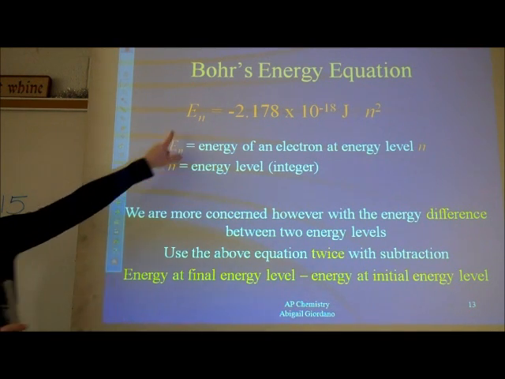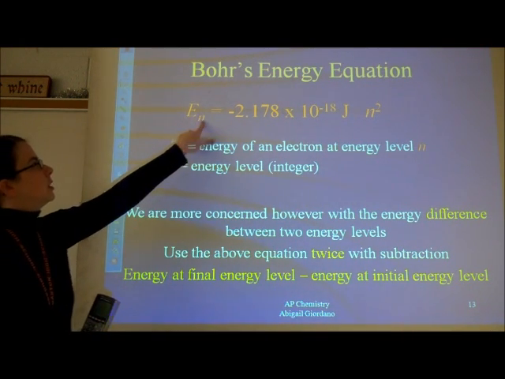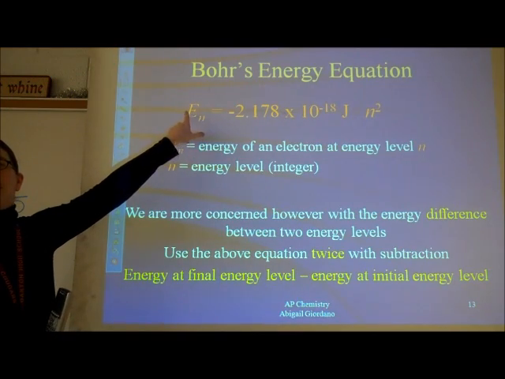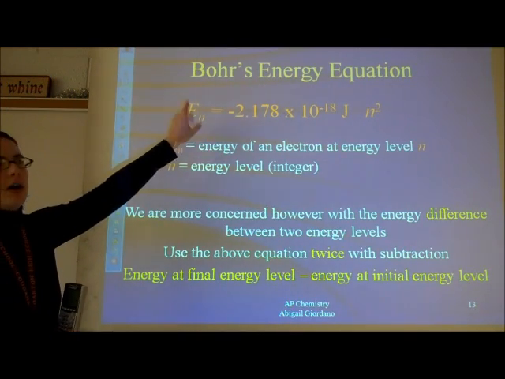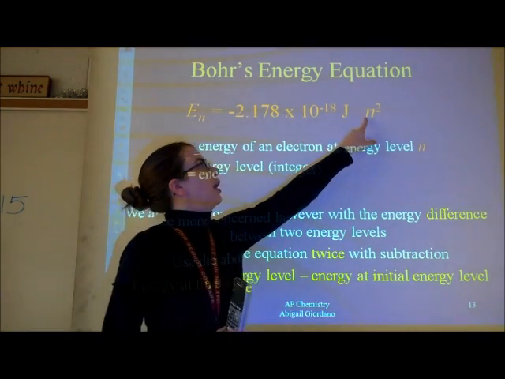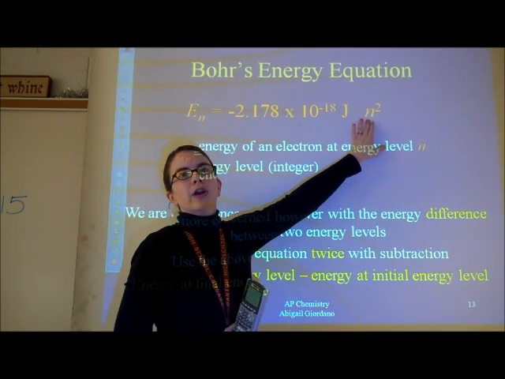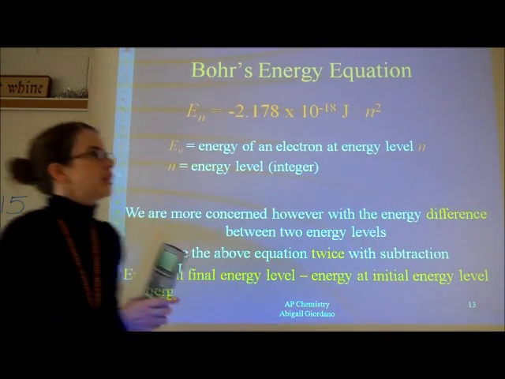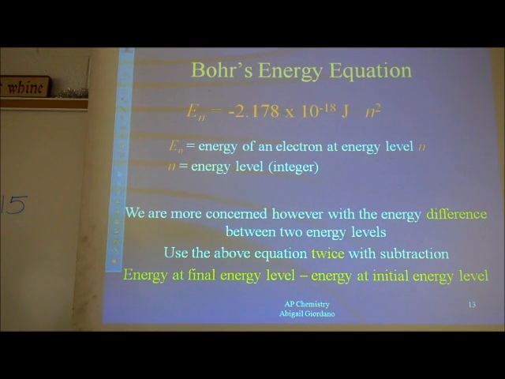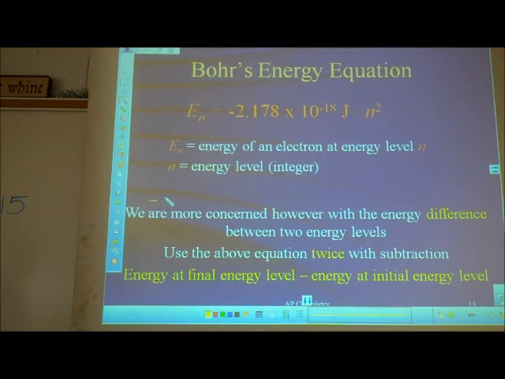I would like for you to put into your calculator the numbers to calculate the energy of an electron sitting on energy level number 4. Put that calculation into your calculator. We're going to do this together. Did you all get that?